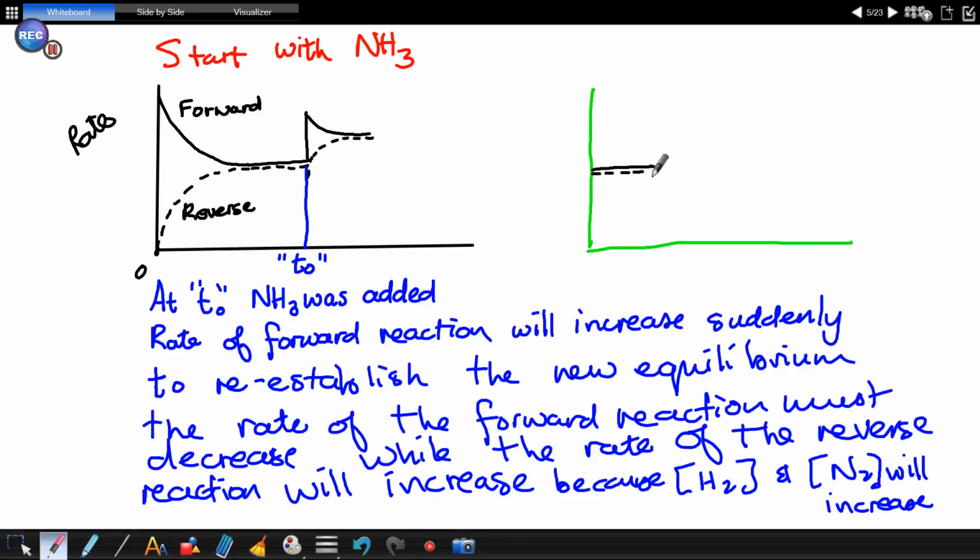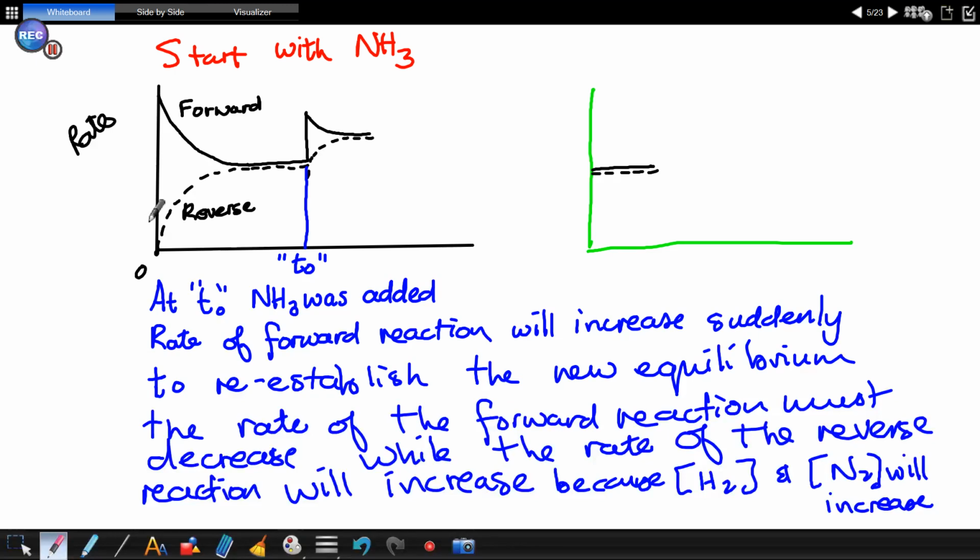So I'm trying to expose you to the different ways that the questions can come your way. Here we are looking at the reaction when it's in equilibrium. I'm not looking from the start when initially the ammonia was put into the container.